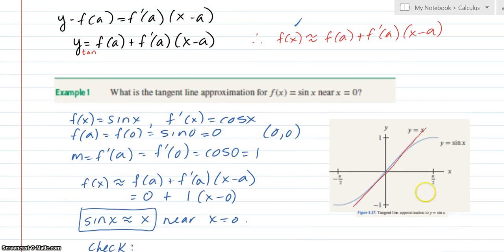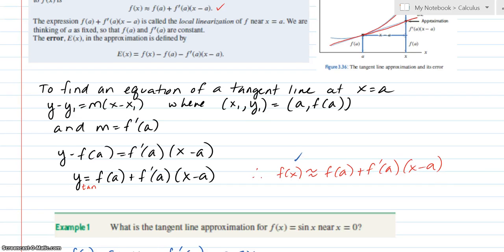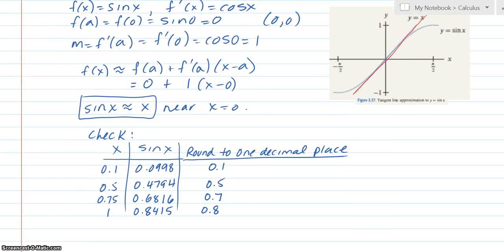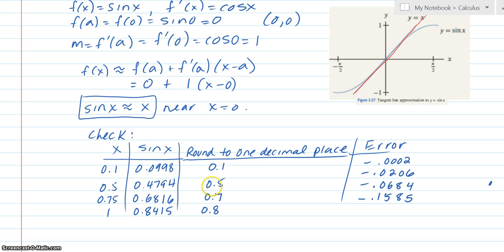it's going to be. If we wanted to find the error, we could subtract the real value minus the approximate value. So here is the error of each of them. If I look at 0.1, I'm going to subtract the real minus the approximate. Here are the errors. You can see that they get bigger and bigger.